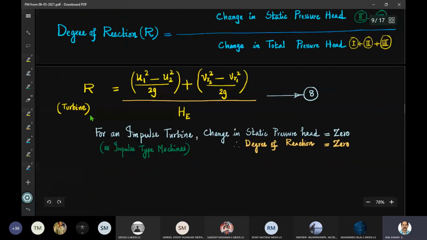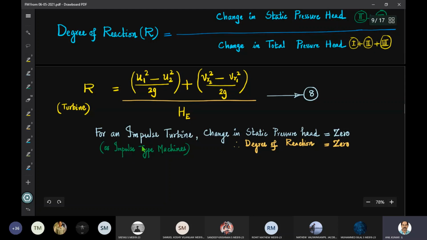So the degree of reaction R is equal to (U1 square minus U2 square) by 2g, that is the change in centrifugal pressure head, plus the change in relative velocity head, that is (VR2 square minus VR1 square) by 2g. These two terms collectively represent the change in static pressure head of the fluid as it passes over the blades mounted on the rotating wheel, divided by the total Euler head developed, HE.